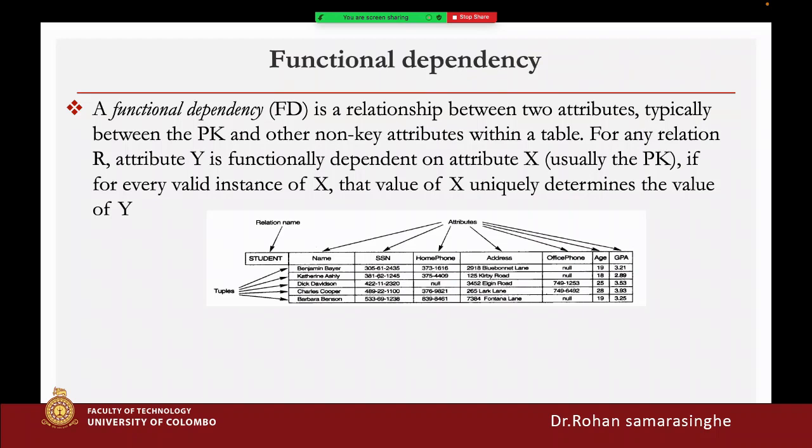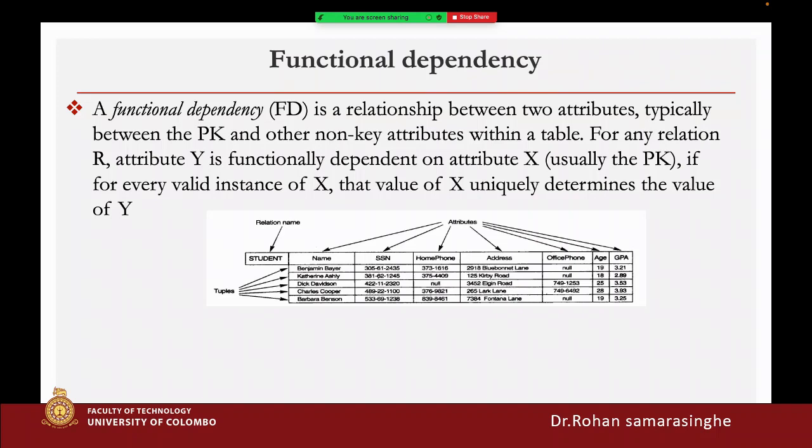So for any relation R, attribute Y is functionally dependent on attribute X, usually called the PK, primary key, if for every valid instance of X, that value of X uniquely determines the value of Y.